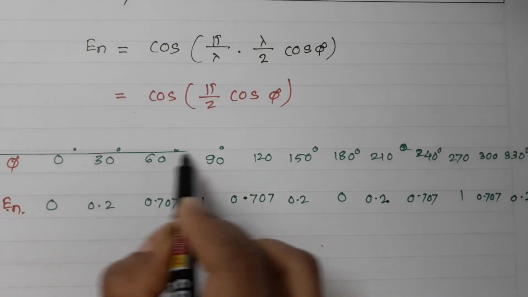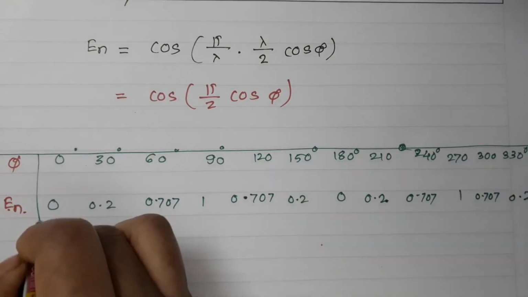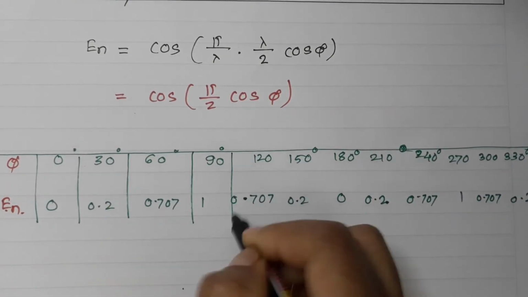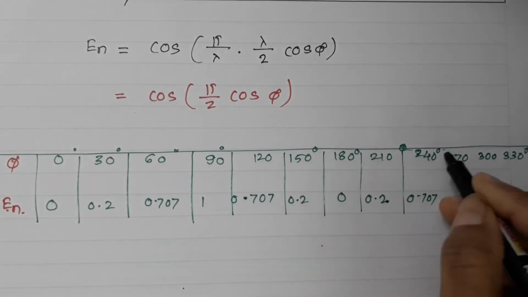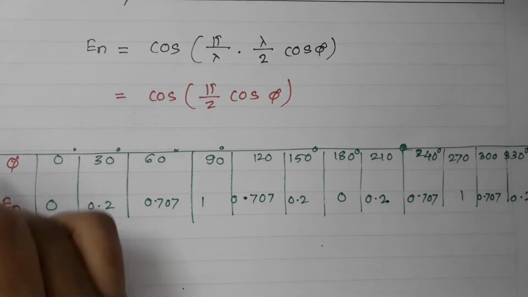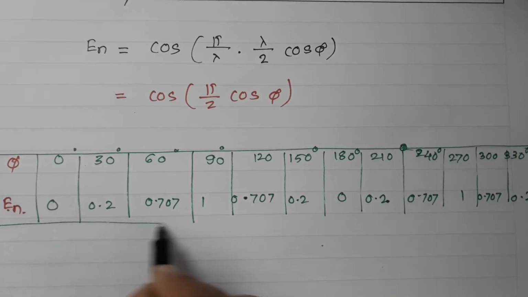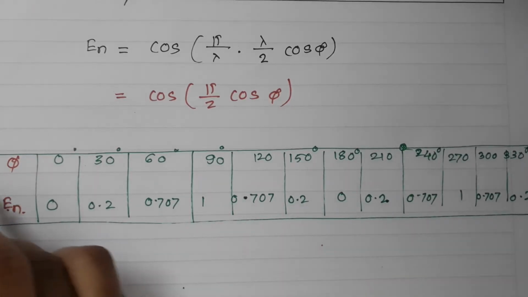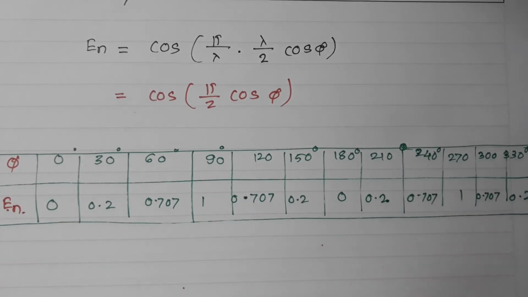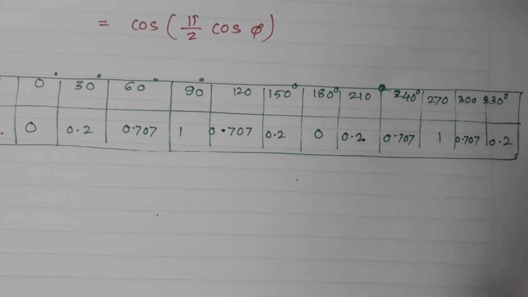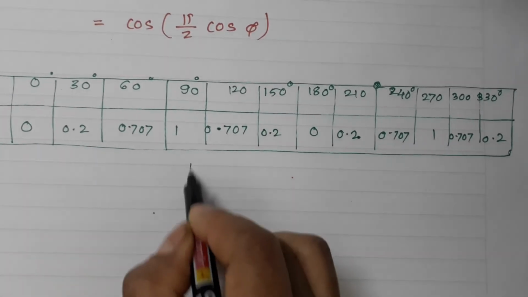If you plot the graph of this angle versus the normalized field, you will get the pattern over here, which will be like this. If I put all these values together and plot the radiation pattern for this, I'll get this particular radiation pattern.